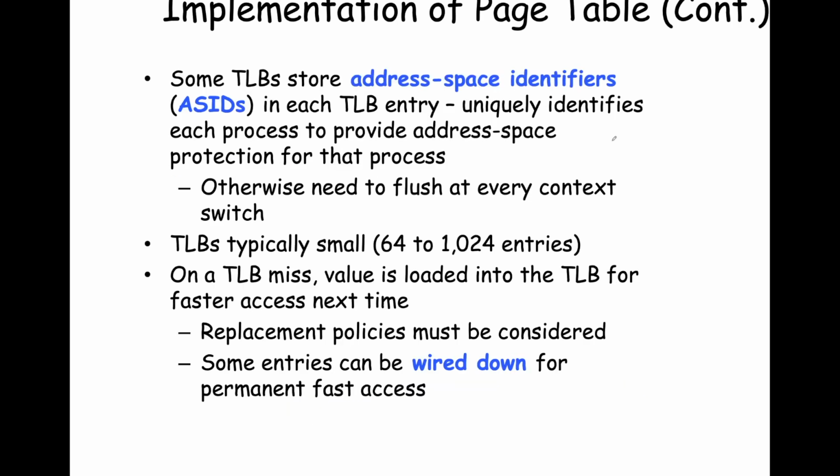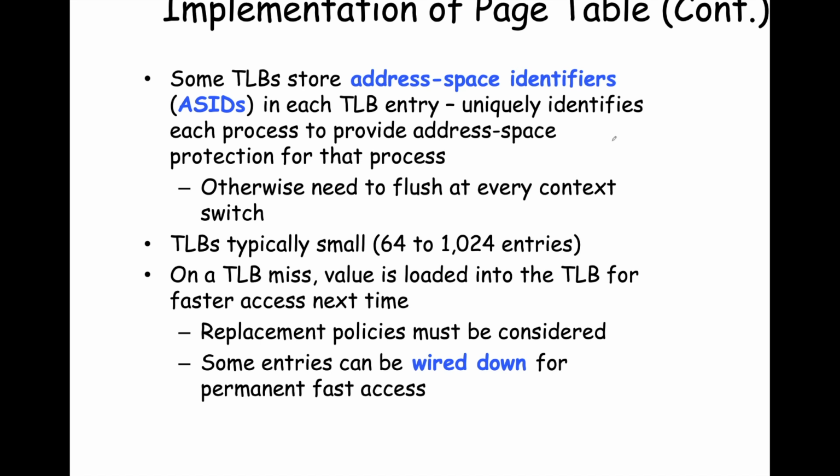Some TLBs store address space identifiers, and TLBs are typically very small. You need to flush the TLB every time you switch between processes, because these mappings between pages and frame numbers are specific to the process. A so-called TLB hit means that when you give the TLB a page number, the associated frame number is already in the TLB.